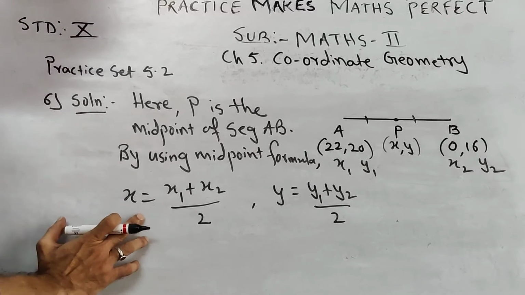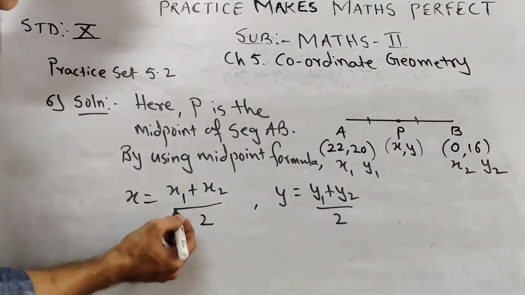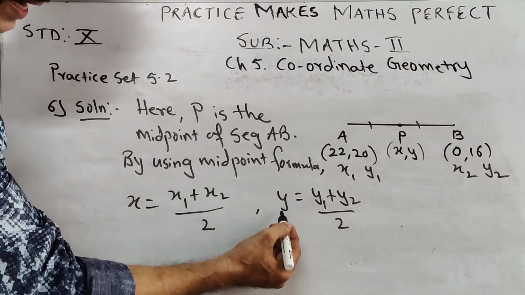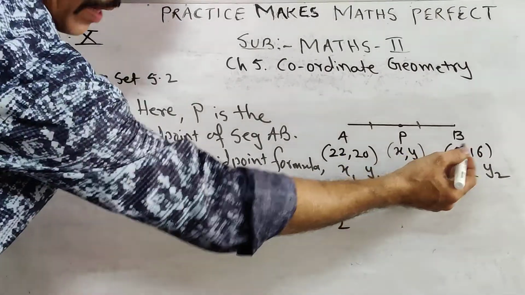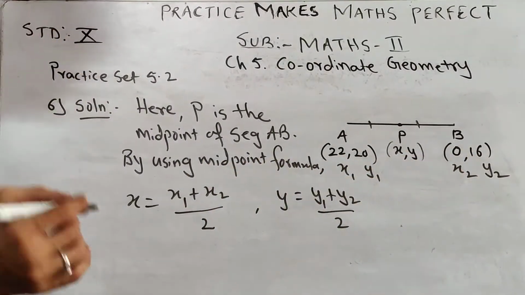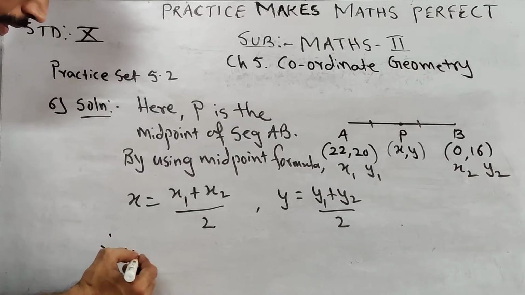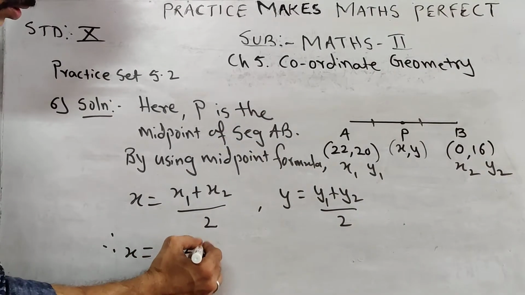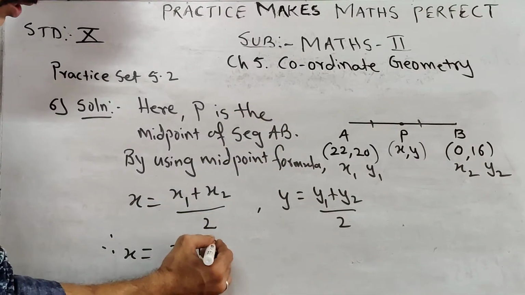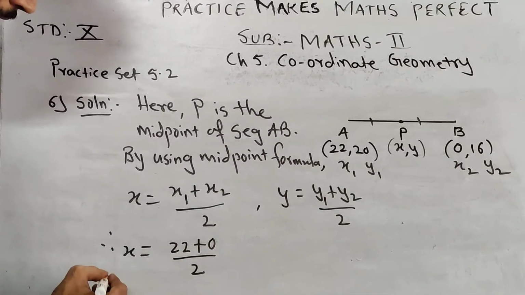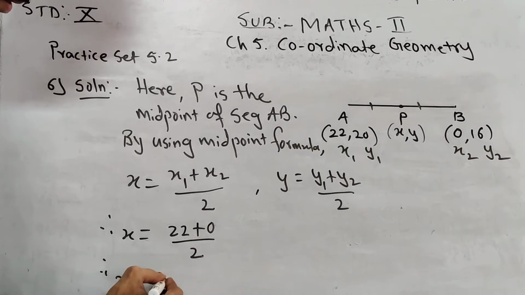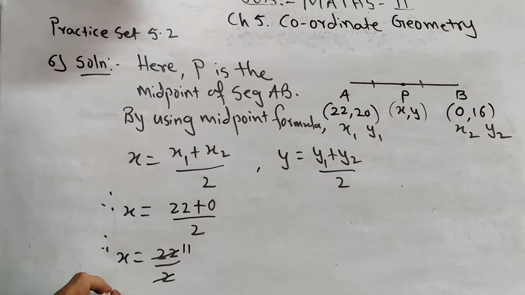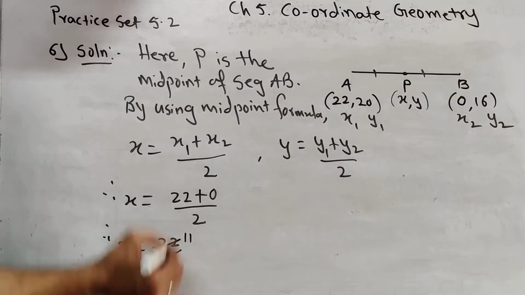So x is equal to (x1 + x2) upon 2, and to find the y coordinate, (y1 + y2) upon 2. Very simple formula. x is equal to (22 + 0) upon 2, so x is equal to 22 upon 2, which is 11.